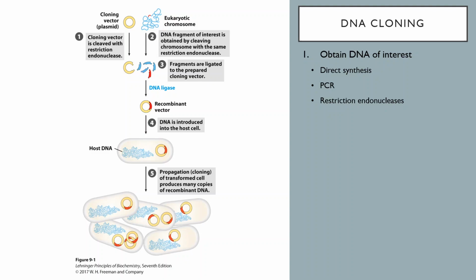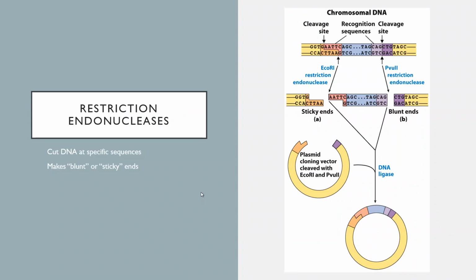Or once you have either your PCR generated DNA, or your directly synthesized DNA, or even DNA that's part of a naturally occurring chromosome, you can isolate it from the DNA that you're not interested in by cutting it out of that larger segment using special enzymes called restriction endonucleases.